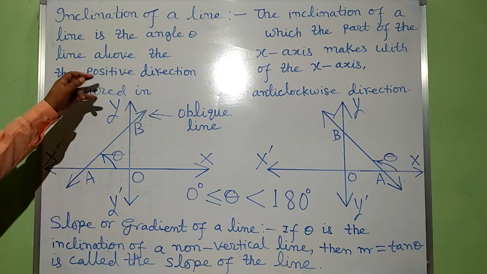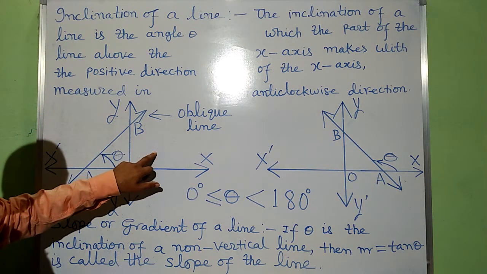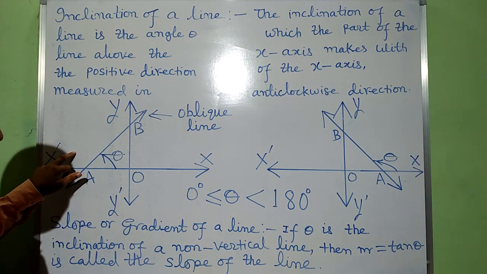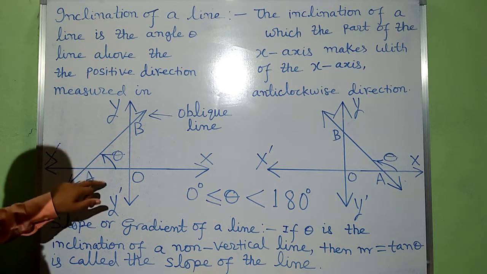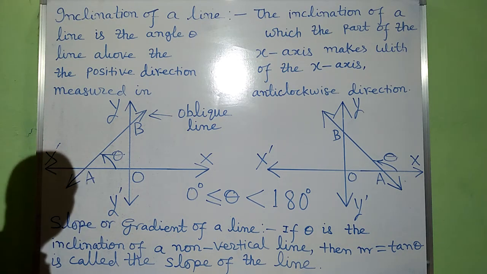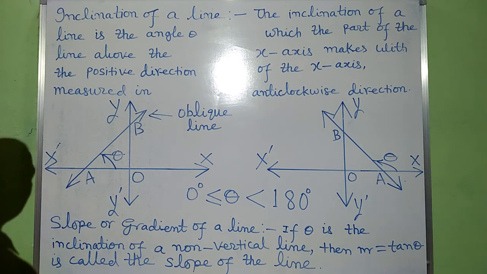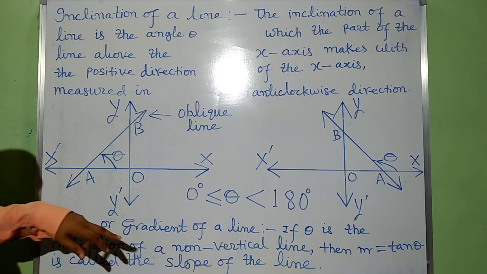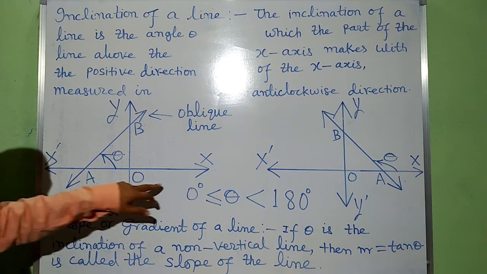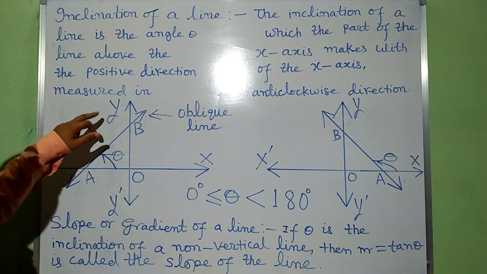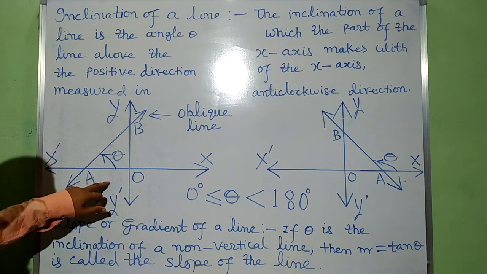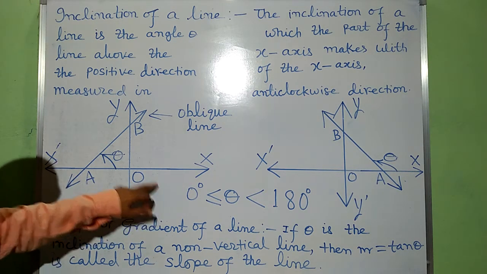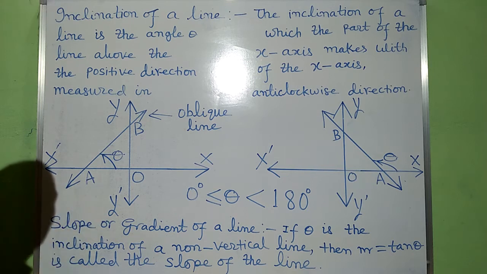Here this is a Cartesian plane in which x dash or x-axis and y-axis are mutually perpendicular. Here one line is AB, which is neither parallel to x-axis nor perpendicular to x-axis. In this way, it is neither horizontal nor vertical.